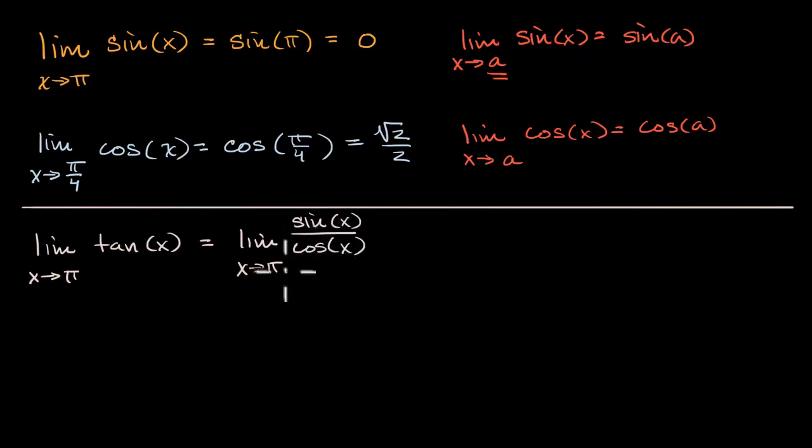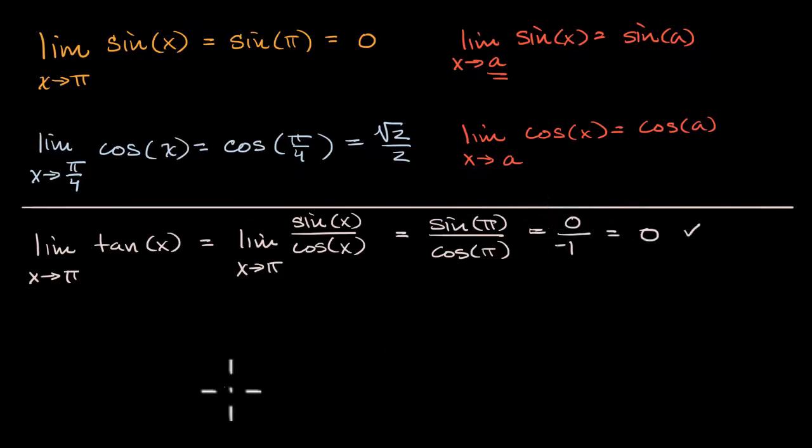So we can just substitute pi in, and we just want to ensure we don't get a 0 in the denominator, because that would make it undefined. So we get sine of pi over cosine of pi, which is 0 over negative 1, which is completely fine. If it was negative 1 over 0, we'd be in trouble. But this is just going to be equal to 0.